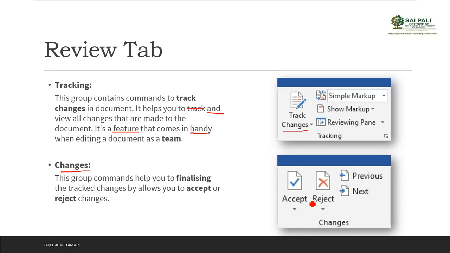The author can finalize the document after tracking changes, so he can accept the changes made by those reviewing people, or he can reject those changes also. He can also see all the changes by using the next and previous commands. So this changes group is all about accepting or rejecting the changes we have tracked in the tracking group.